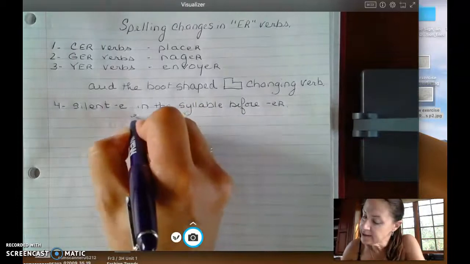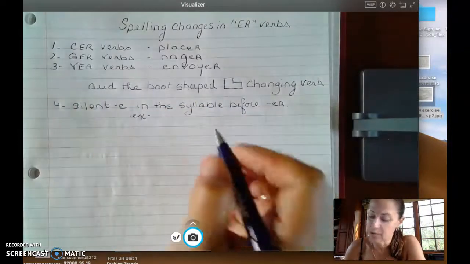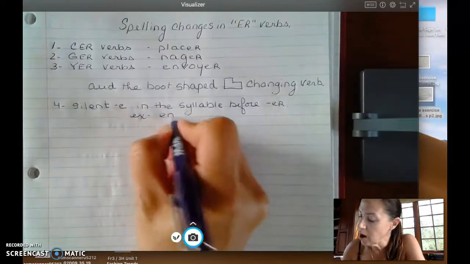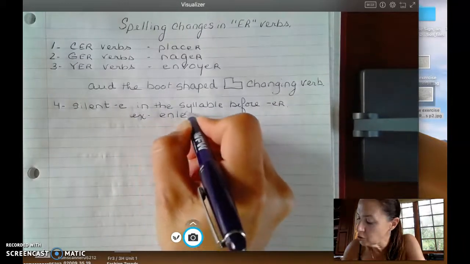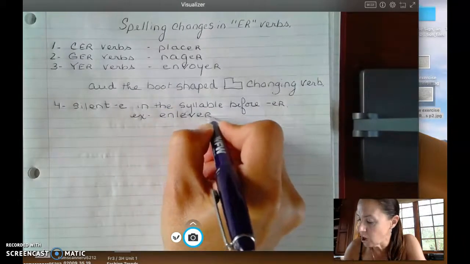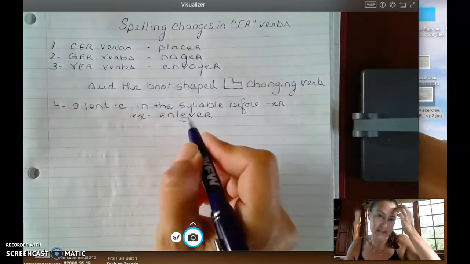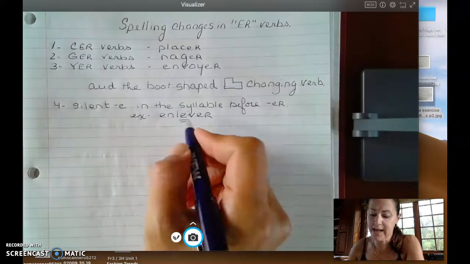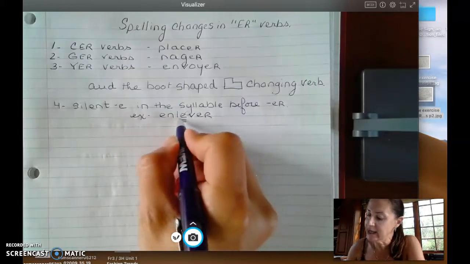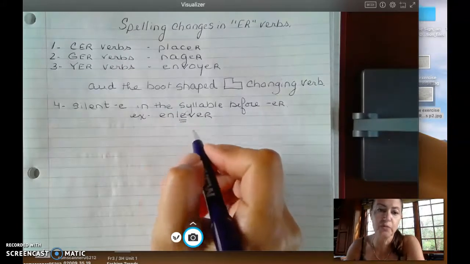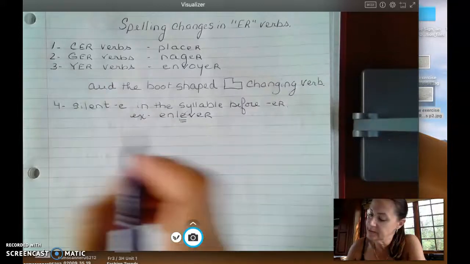An example is going to be the verb enlever. Enlever. It's a silent E because it has no accent. So we call it a silent E sound, and it's located in the syllable before that ending.